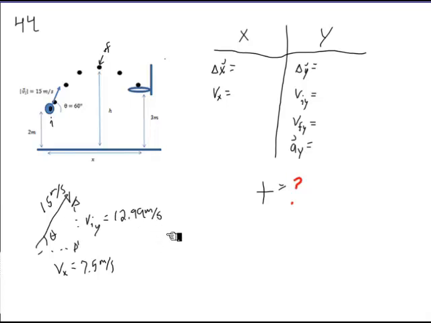Okay. And a lot of people, I've gotten this question several times. They say, how do I know whether to make this positive or negative? You just look. Does it go up or down, right? You can assign it. I mean, I don't do this. I really should. But you can assign a coordinate axis to this whole thing. This is positive x. This is positive y. So things that point up are positive.